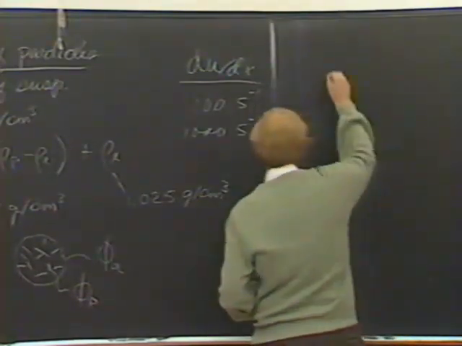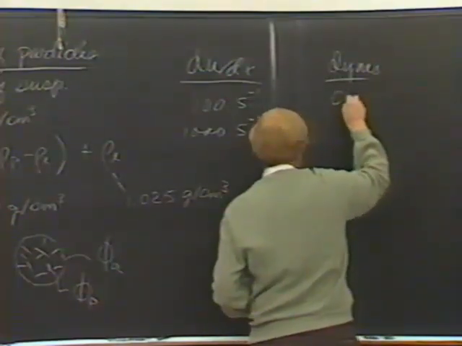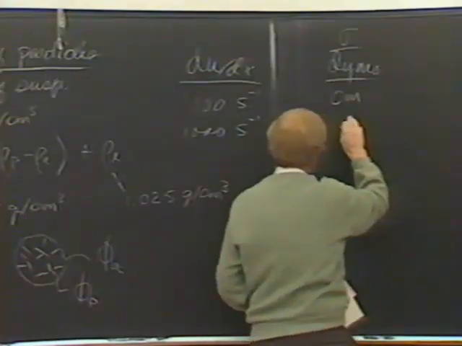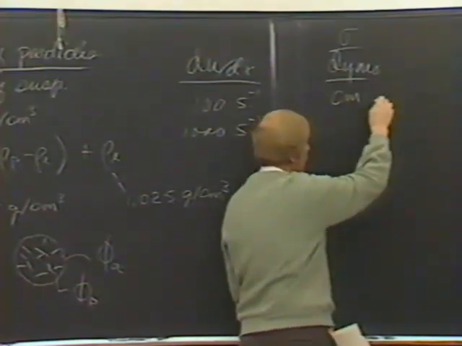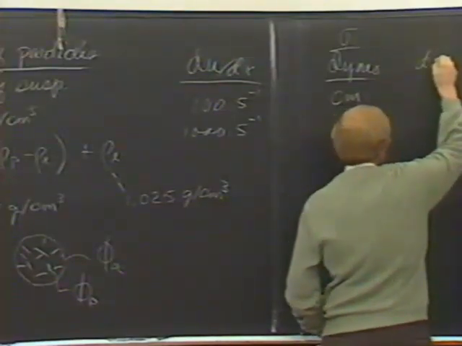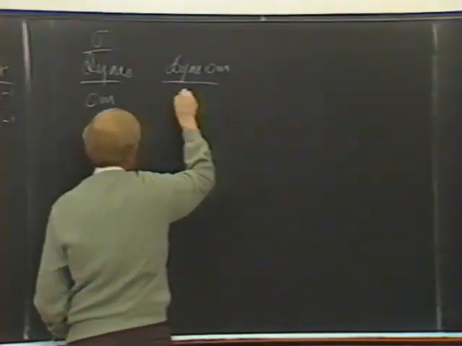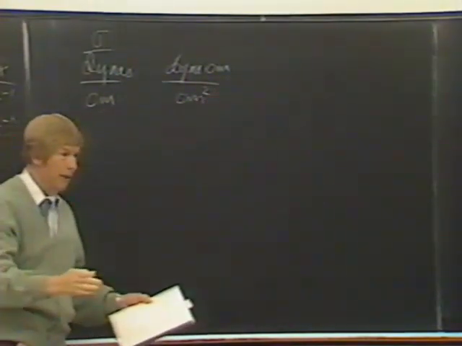So we have dynes per centimeter for surface tension, or you can multiply this, dyne centimeters per centimeter squared. It's the energy required to increase the area of a surface.